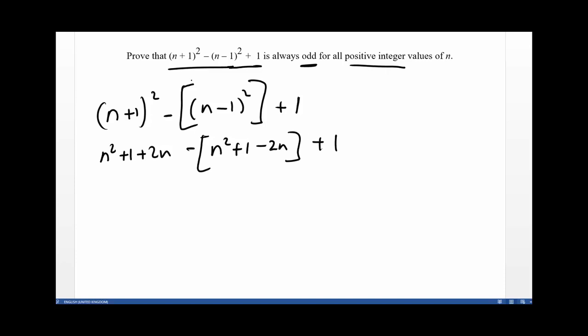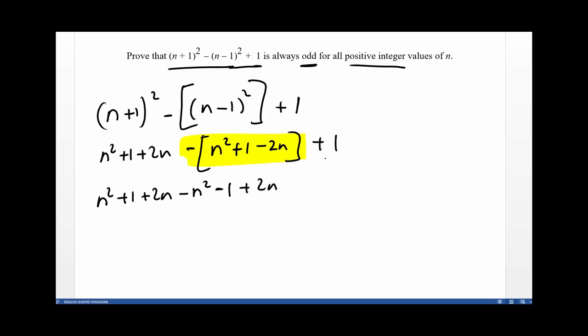Now, if you notice, this one here has a negative term. So that means all the signs inside of this bracket are going to change because of this negative term. So I'm going to have n² plus 1, I'm just writing this one underneath here. Then here, minus n², minus 1, and minus times a minus is going to become plus 2n.